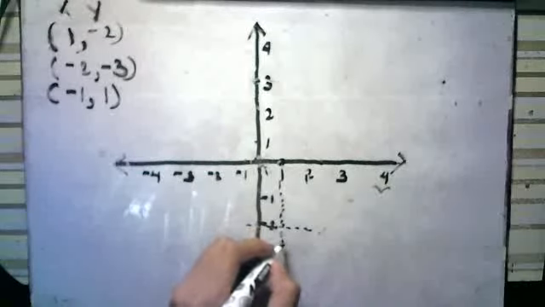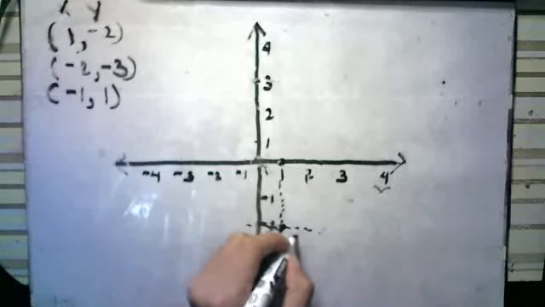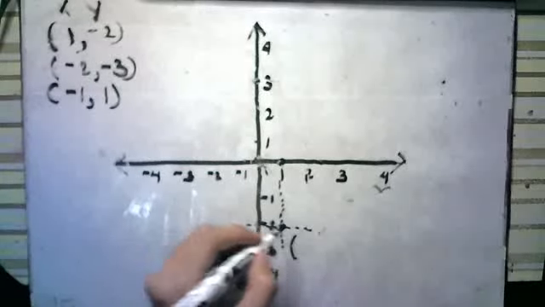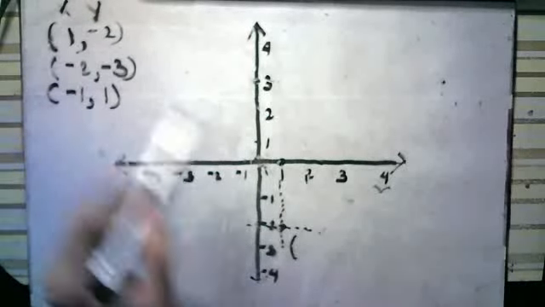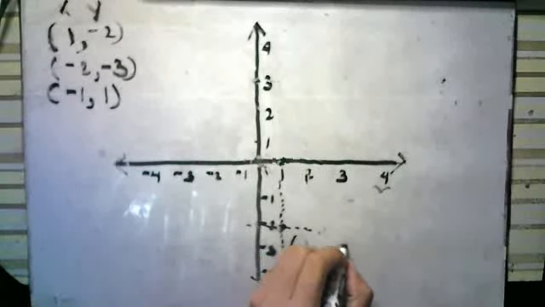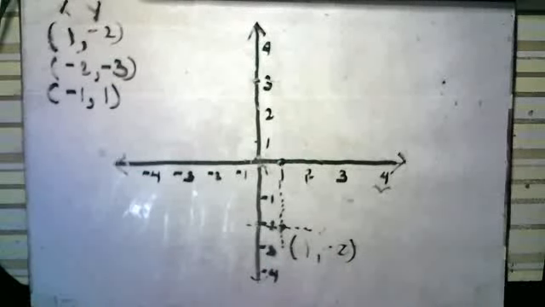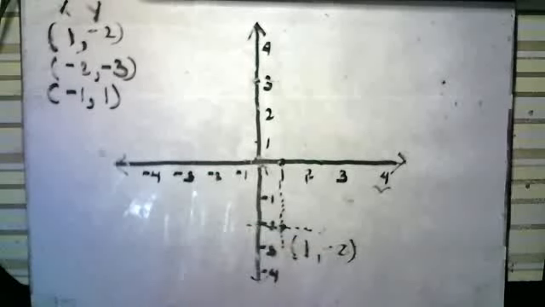Kung ano yung intersection, that will be your point of ordered pair. After mo malocate si 1, negative 2, you need to write the ordered pair beside the point. And that will be 1, negative 2. Ganyan po ang gagawin nyo sa ating learning task 1.